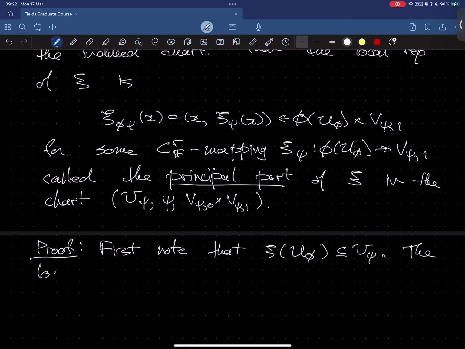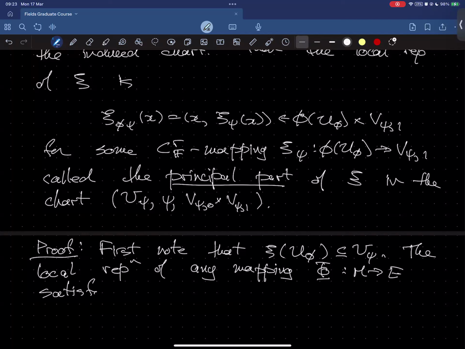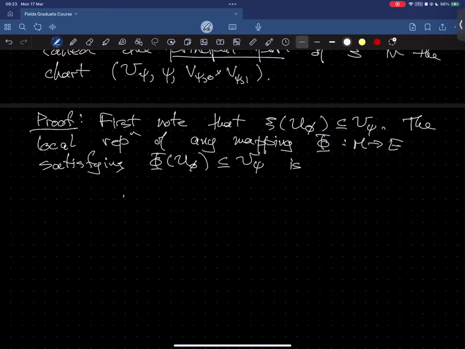The local representative of any mapping phi from M to E satisfying phi of U phi is contained in V psi will just be phi psi of x, which is going to be, let's say, (phi 0 of x, phi 1 of x) for some mappings phi 0 and phi 1.